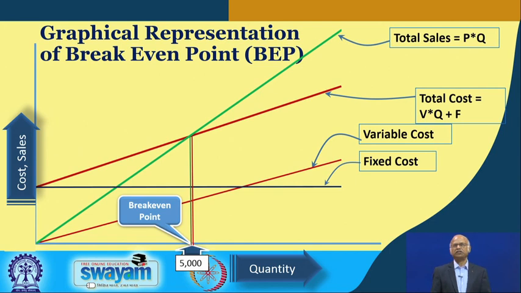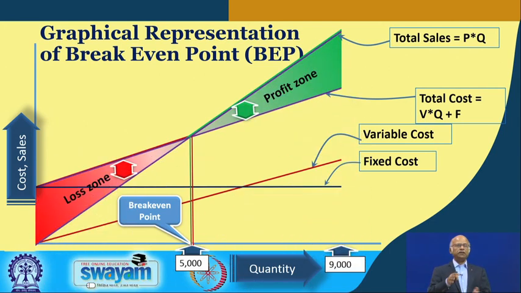So, this is demonstrated here, and you move away from that forward, you make more profit, and you go backward, you incur more and more loss. At point 0, you have no sales whatsoever, whereas you have the full fixed cost. So, loss is equal to fixed cost.